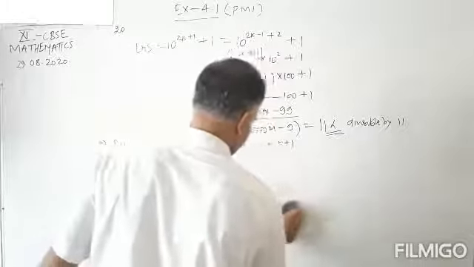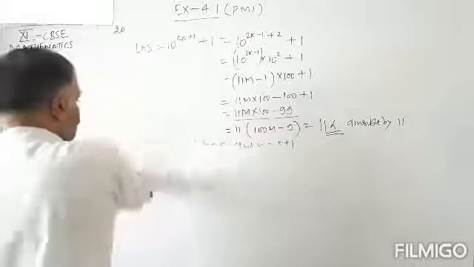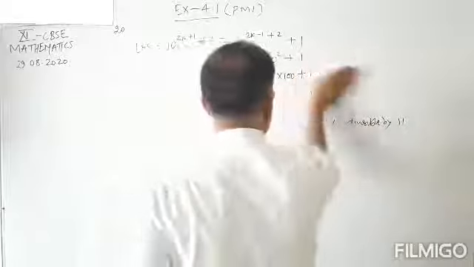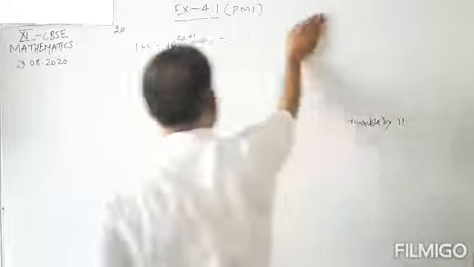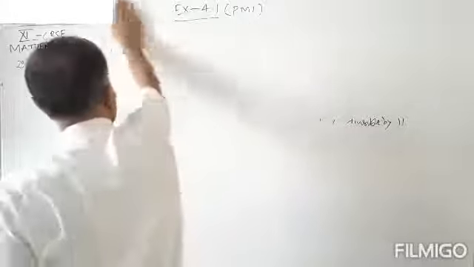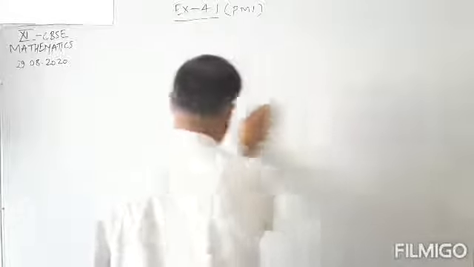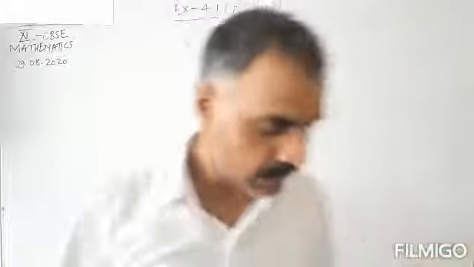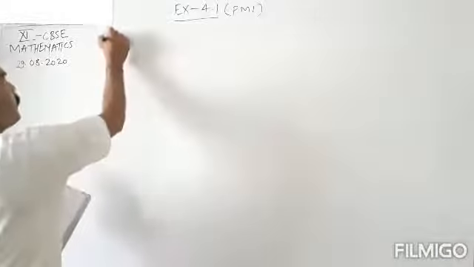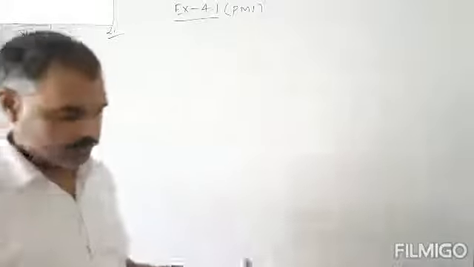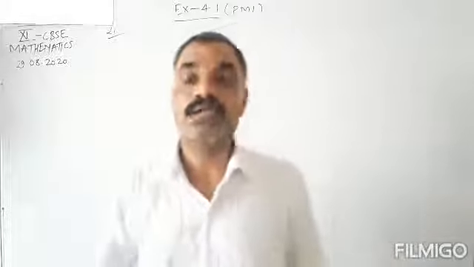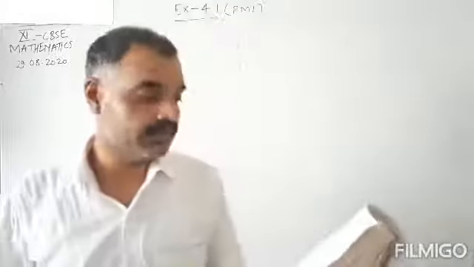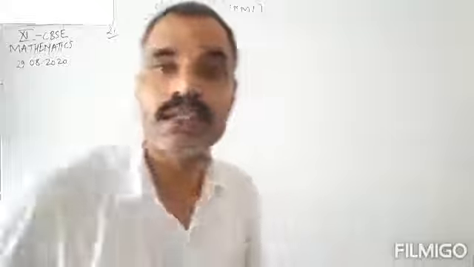Now taking another question without wasting any time, taking the next question, question number 21. X to the power 2n minus y to the power 2n is divisible by x plus y.